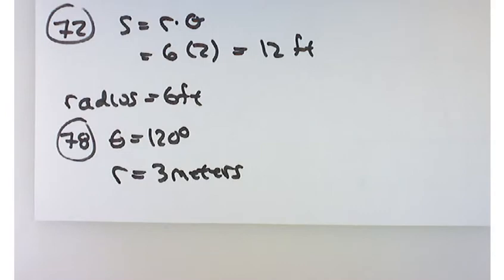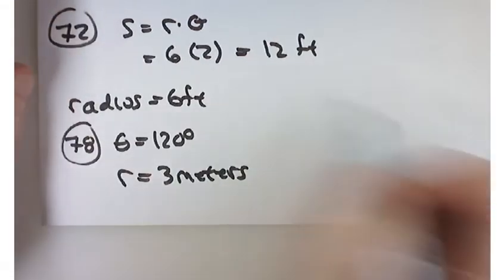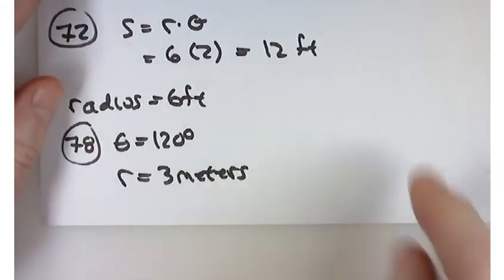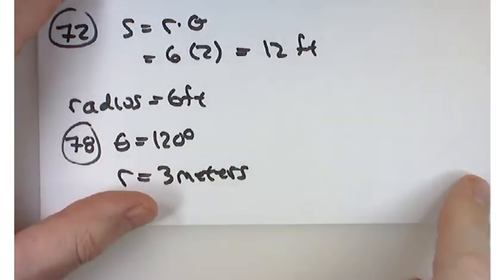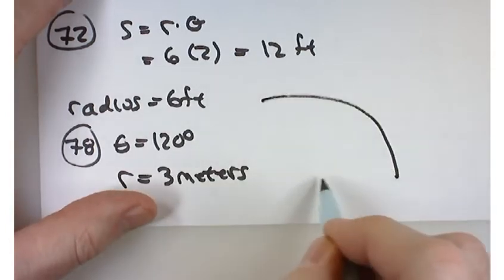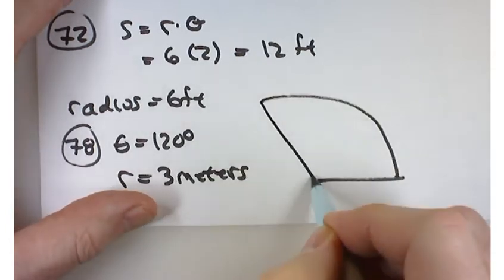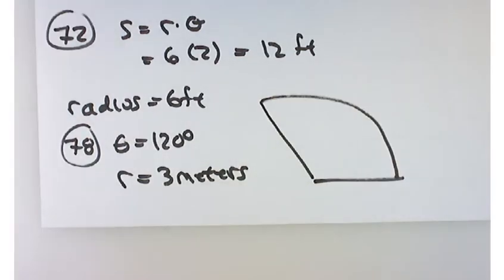So 3 meters is probably close to 10 feet. If you're walking on a circle of radius 3 meters, how far would you have to walk to get an angle of 120 degrees? Something like this. We're trying to find a measure of that.